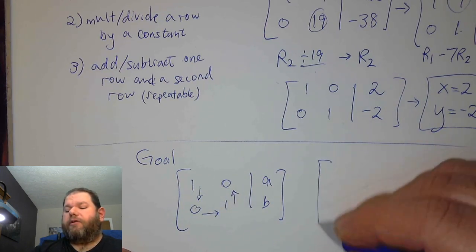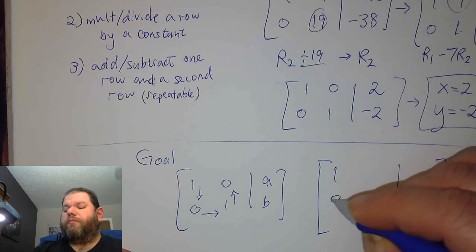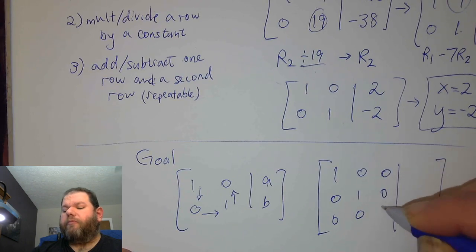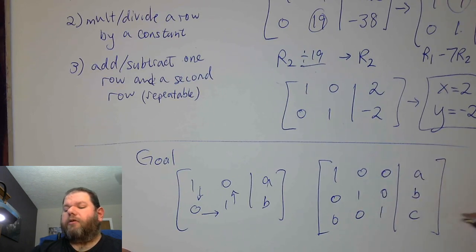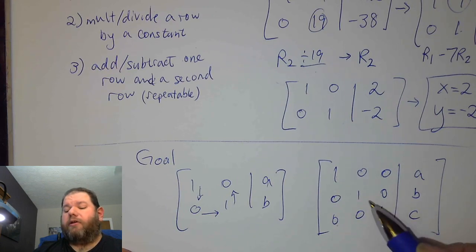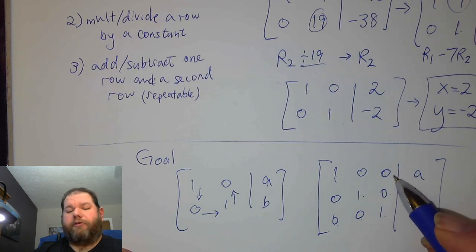And if we're in 3 equations, we still want to get a 1 here, then 0 out the 2 terms beneath it. Get a 1 here, 0 out the terms above and below, and then get a 1 here, and then 0 out the 2 terms above.